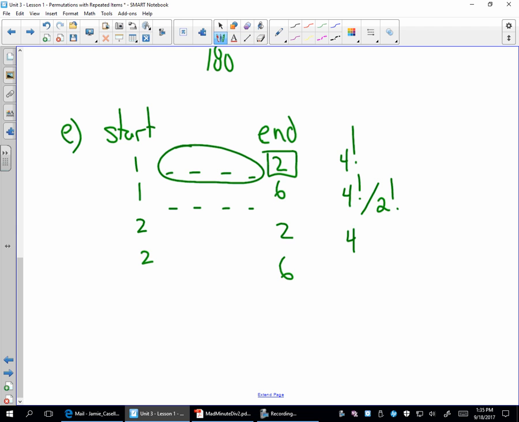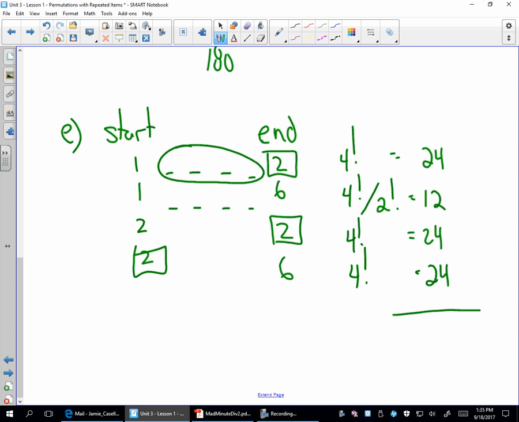The third one, just 4 factorial, the 2's been used up. And the last one, 4 factorial, the 2's been used up. Just out the front this time. So we end up with 24, 12, 24, 24, and the word or between all those things. So we're going to have to add them all together, and we end up with 60 different combinations of things that are less than 300,000 and even using those digits alone.